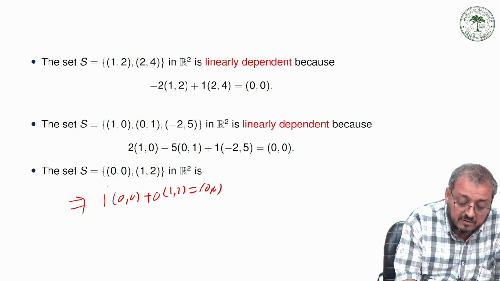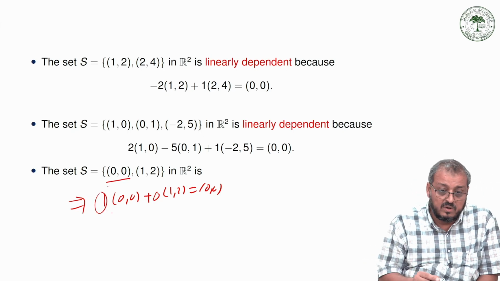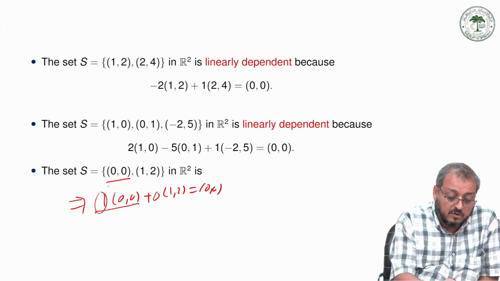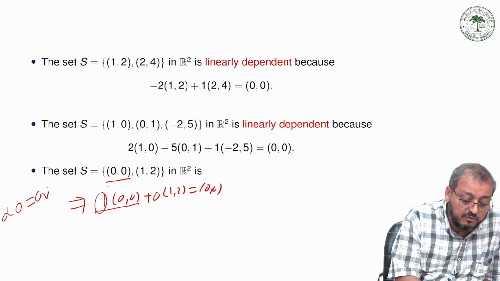So this means α1 is equal to 0, and 2α2 is equal to 0. This means, because there is a zero vector, trivially we can write it in the form 1 into (0, 0) plus 0 times (1, 2) is equal to (0, 0). So this means we can write it in this form, because you know that α times 0 is equal to 0 of v.